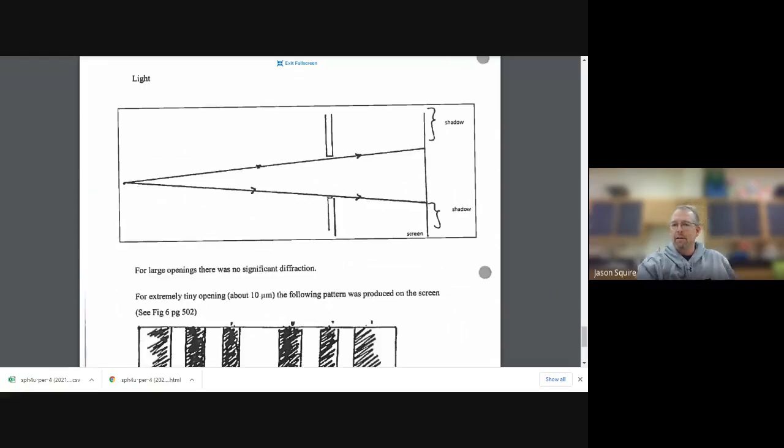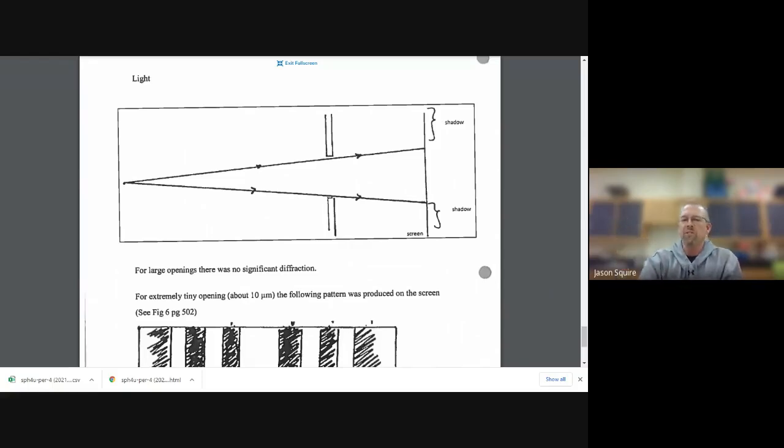Well, guess what? We don't get a whole lot of diffraction with light, right? I've got my hand here. Light gets stopped by my hand. That's why I get a shadow. Well, what does that mean? That means that, hey, the wavelength of light isn't the same as the width of my hand, right?